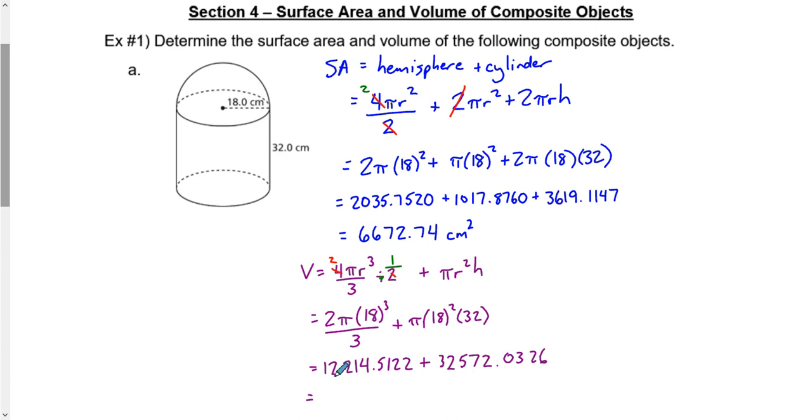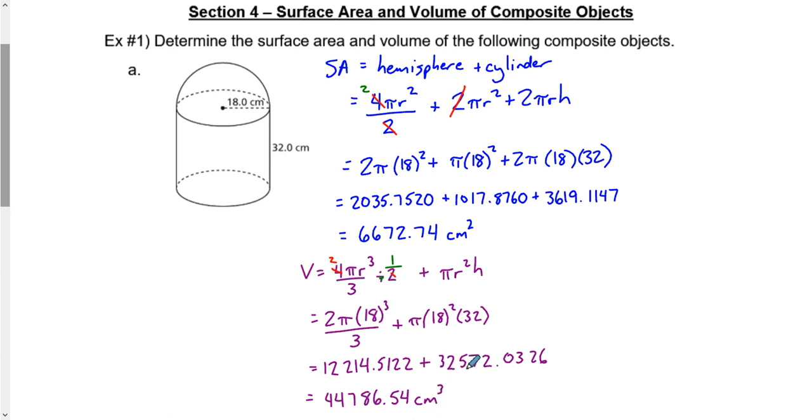You add it together and we get 44,786.54. And our unit would be centimeters cubed.